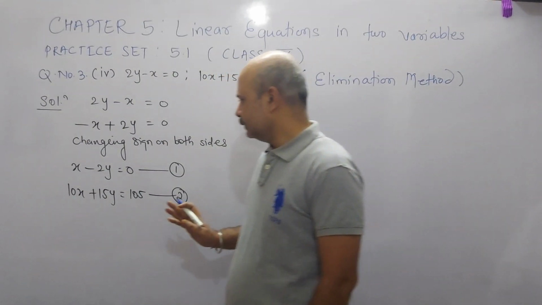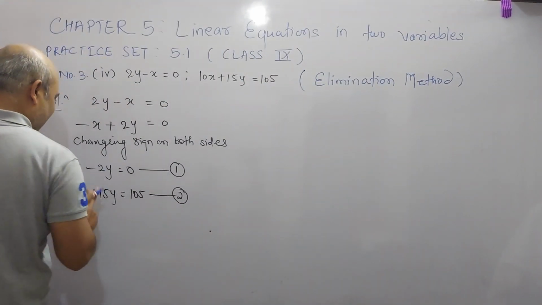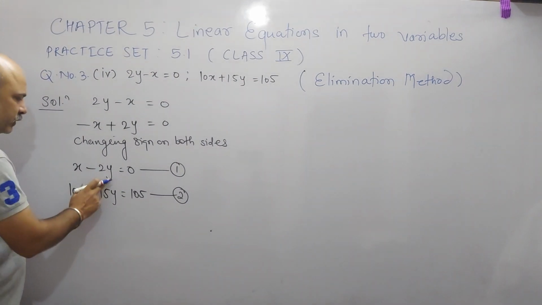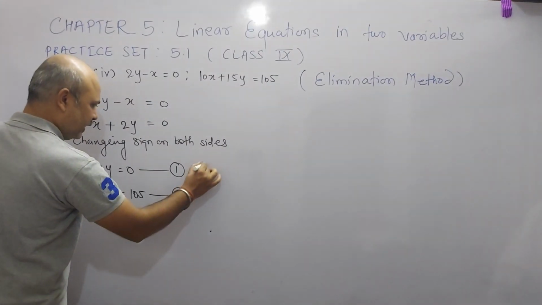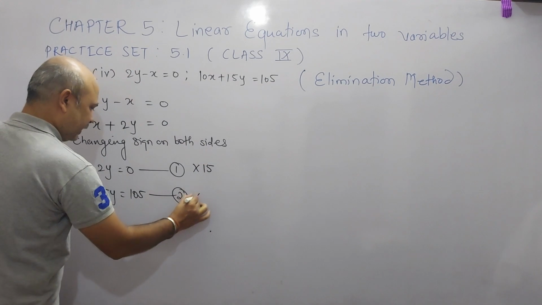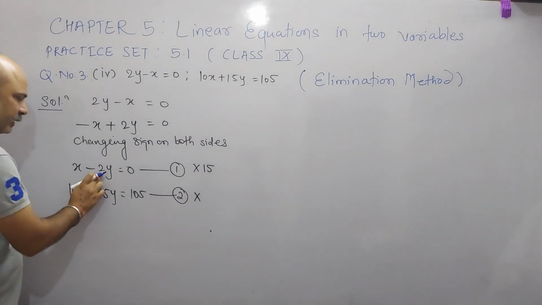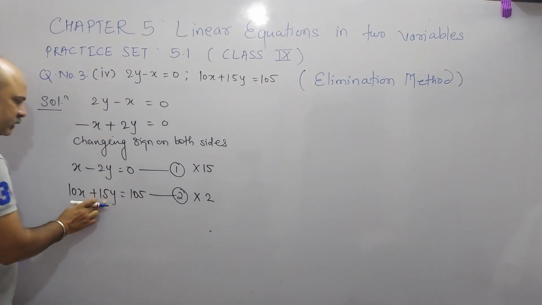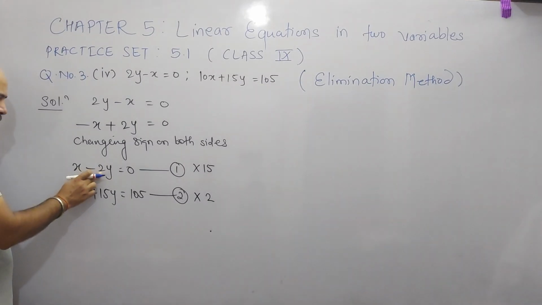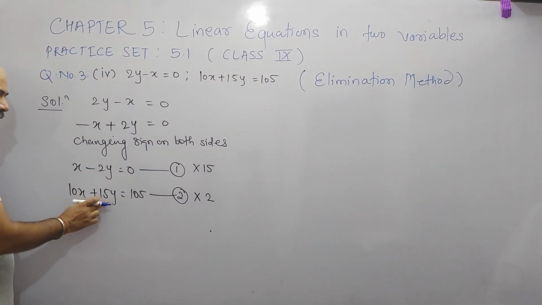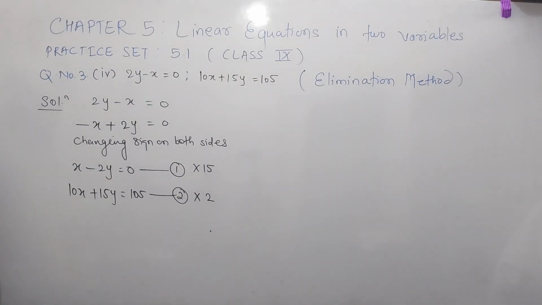So what you will do, if you want to eliminate variable y, you have to multiply equation 1 by 15 and equation 2 by 2, because 15 twos are 30 and here also we will multiply 15 by 2, so 30.